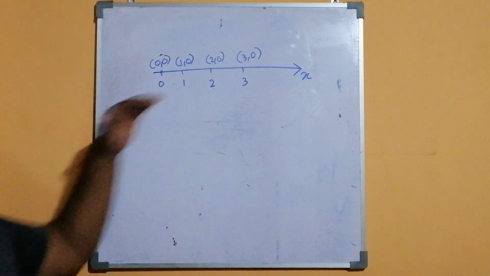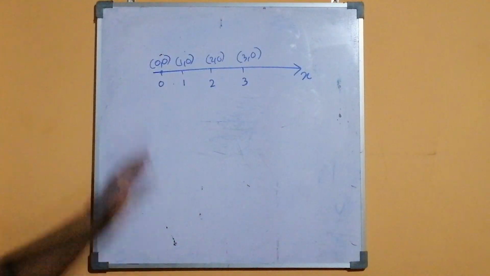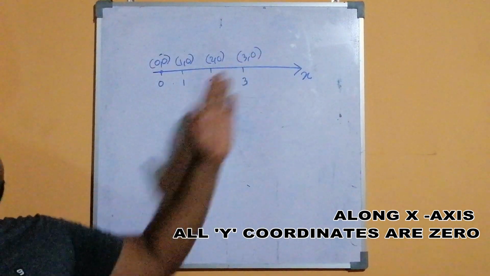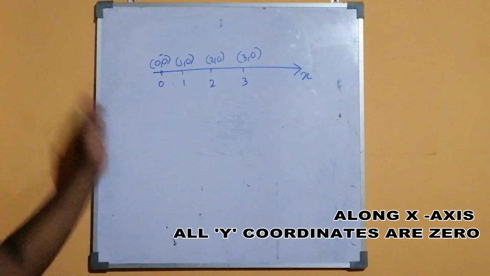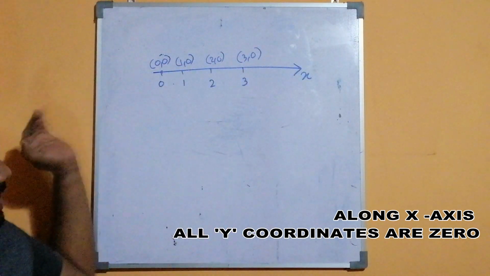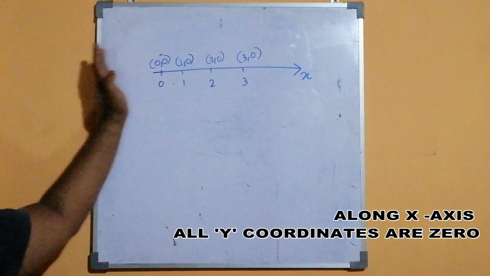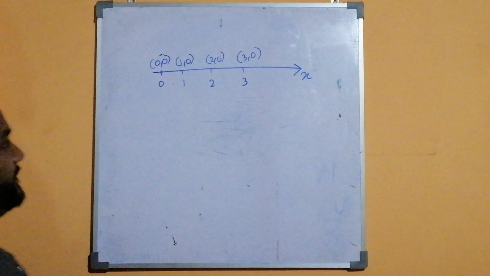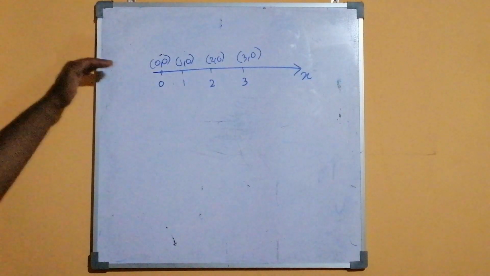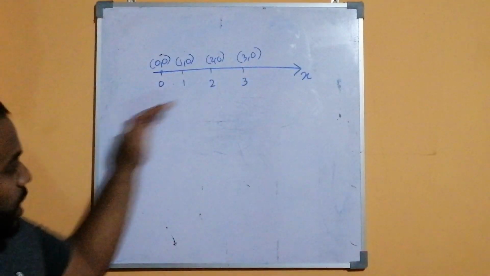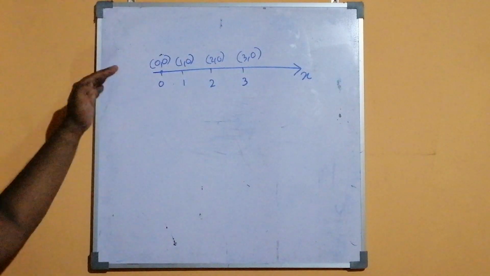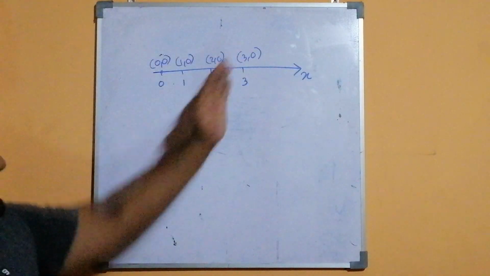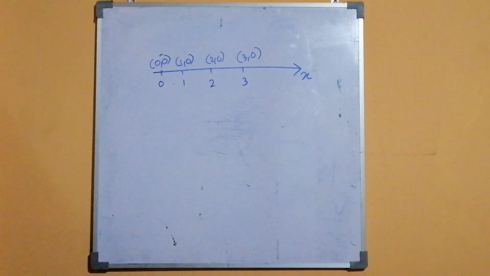Throughout my x-axis, all my y coordinates are 0. Therefore, along the x-axis, y coordinates are 0. Very easy.